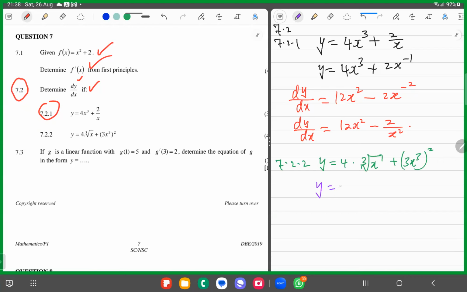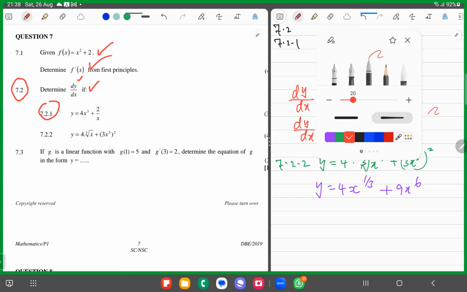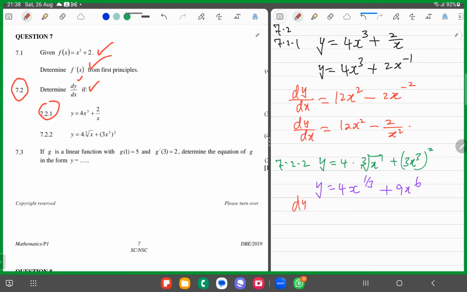This is y equals 4x raised to 1/3 plus 9x to the 6th power. Now you find the derivative of this, dy/dx. So this is 4 over 3 x, 1/3 minus 1 is minus 2/3. 9 by 6 is 54, and 6 minus 1 in the exponent, we have 5.